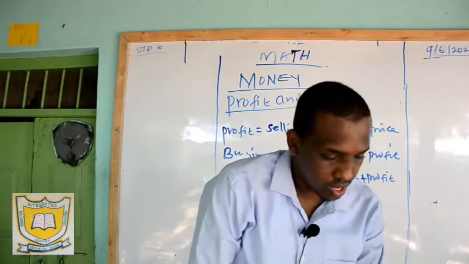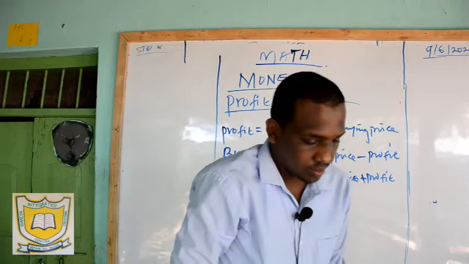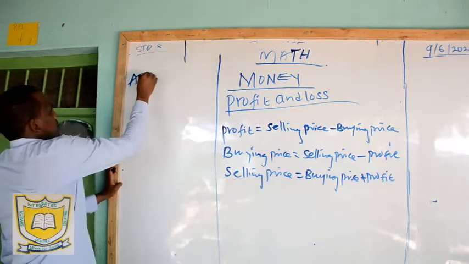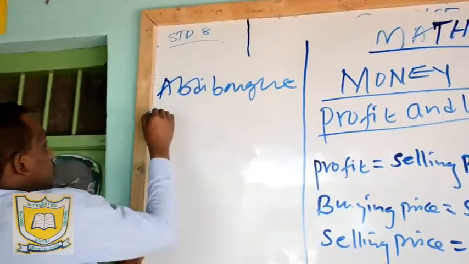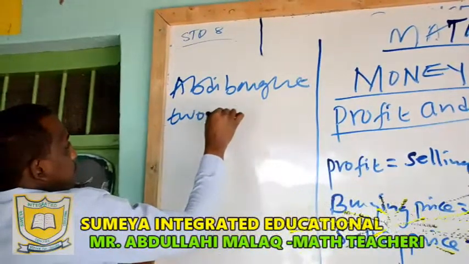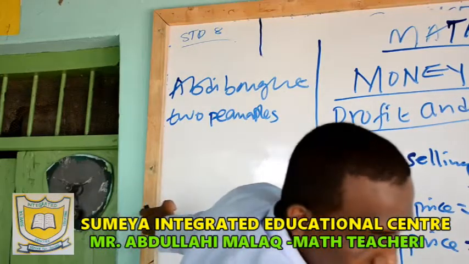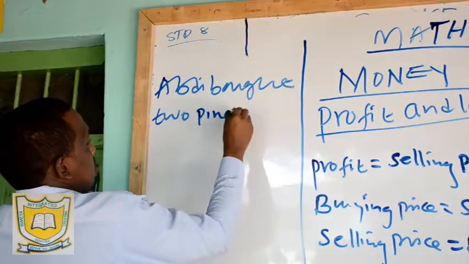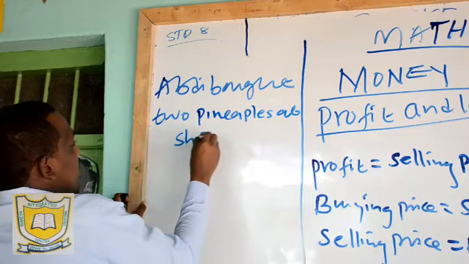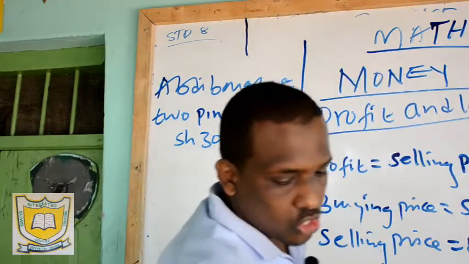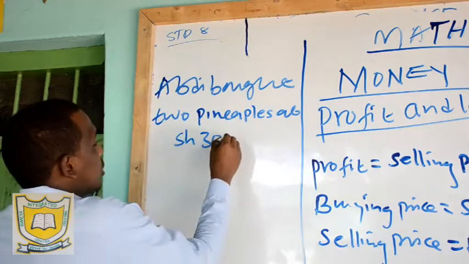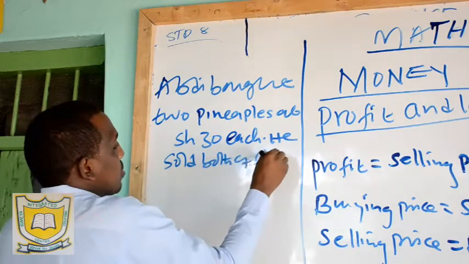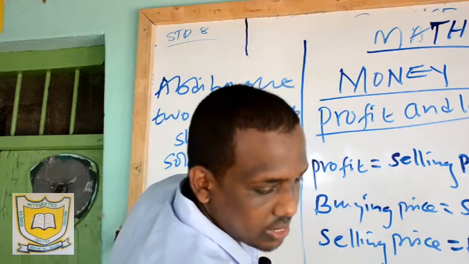Here there's a question whereby you are told Abdi bought 2 pineapples at shillings 30 each. He sold both of them for shillings 80.